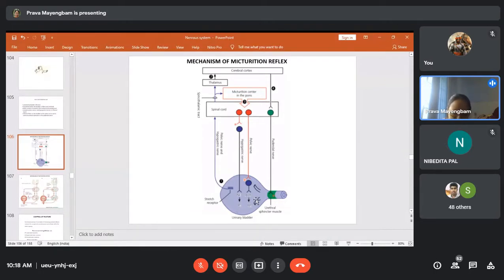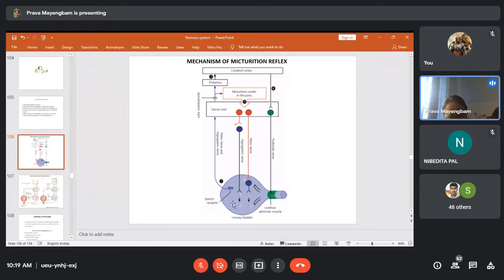The muscle of the urinary bladder is innervated by the hypogastric nerve, which is a sympathetic nerve. The detrusor muscle is also innervated by another nerve, the pelvic nerve, which is a parasympathetic nerve.